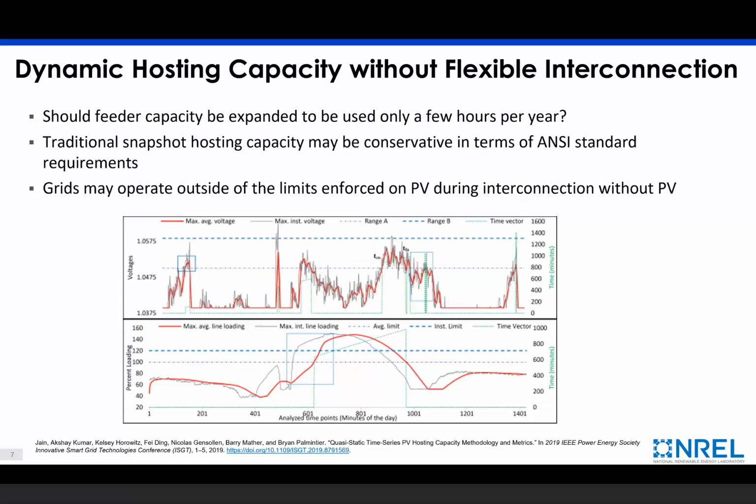So if you think about traditional concepts of hosting capacity, they're usually based on snapshot analysis and a few time points or power flow scenarios throughout the year that are sort of worst case scenarios. But in reality, the amount of solar that can be hosted on the grid changes second by second, minute by minute, depending on the specific conditions around solar irradiance and the load on the system, as well as potentially configuration of different devices there.